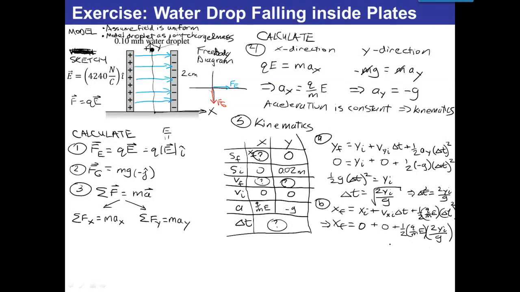We're going to multiply this all out. You can see the 2's cancel, and we end up with just q over m E y sub i over g. That's going to be our final position.